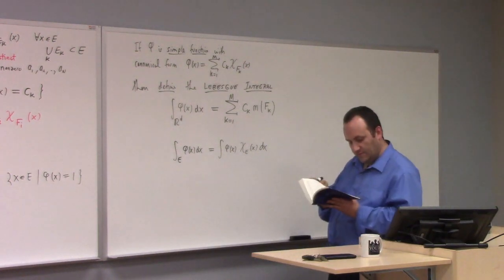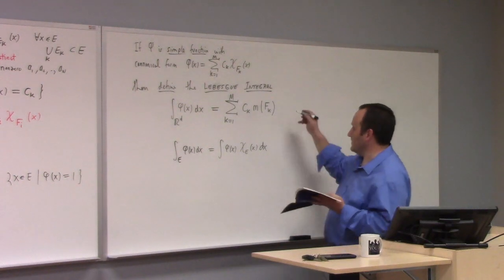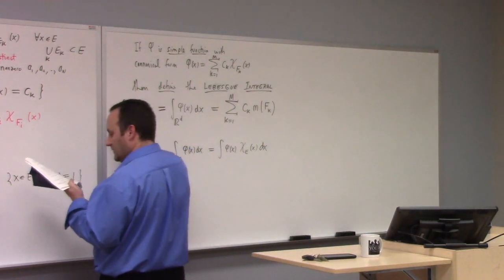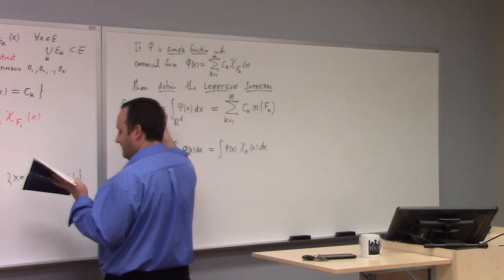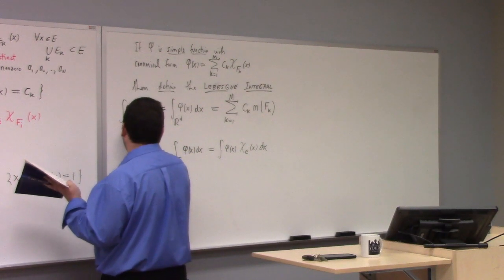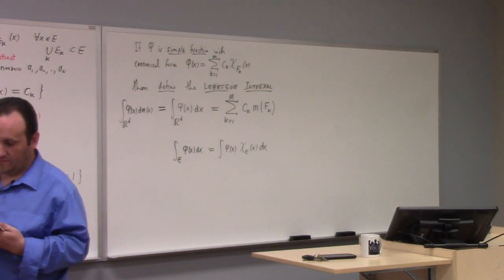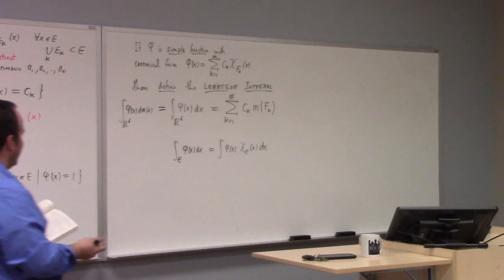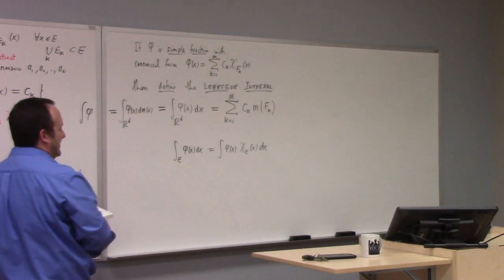To emphasize the choice of Lebesgue measure, you sometimes also see this written as the integral of phi of x dm of x over R^d. Or sometimes you just write integral phi.